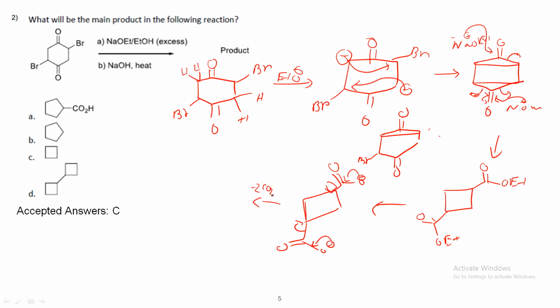So two molecules of carbon dioxide would be removed from the system, and we would generate this particular four-membered ring molecule. So the right answer should be C, and the other intermediate cannot be the one, because both contractions would be there. So C would be the answer.